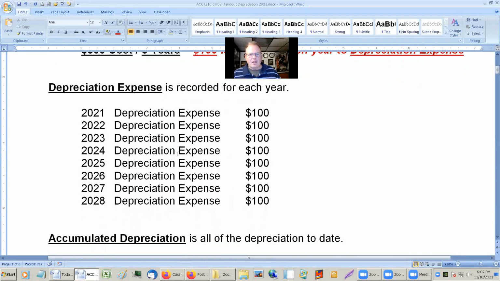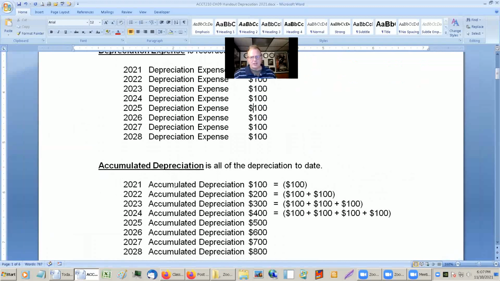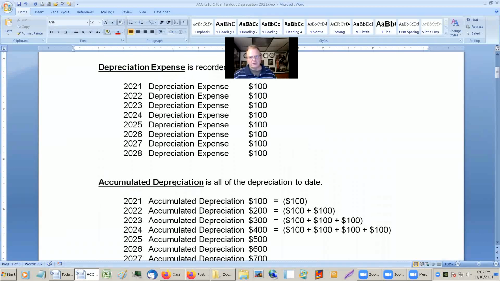Okay. Now, the one that's a little bit trickier is the second one here, and that's the accumulated depreciation. So this accumulated depreciation is kind of like this. The first year, it's the same. Accumulated means it just adds up, so it accumulates. When we get to the second year, we have the first year and the second year, making 200.